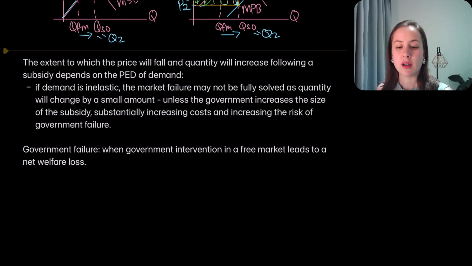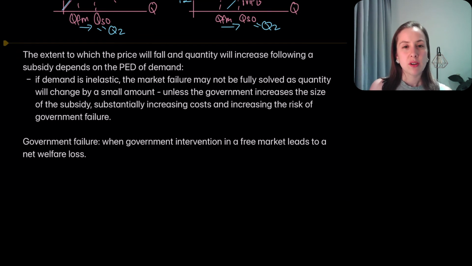That might mean that the market failure may not be fully solved, despite the graph in this example that I've done today making it seem that it is possible to achieve the QSO quite easily. Maybe in practice not. Maybe they can't increase quantity by much, and maybe they end up spending so much money that they actually create a decrease in total social welfare. That would be an example of something called government failure.